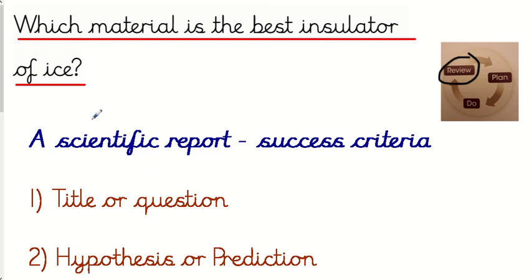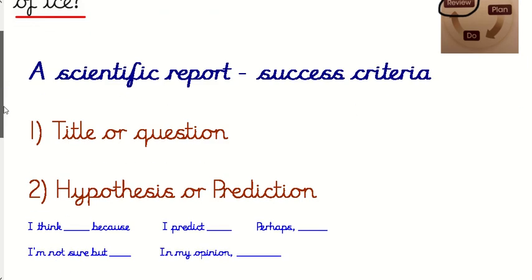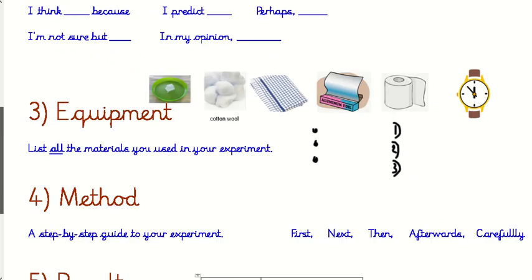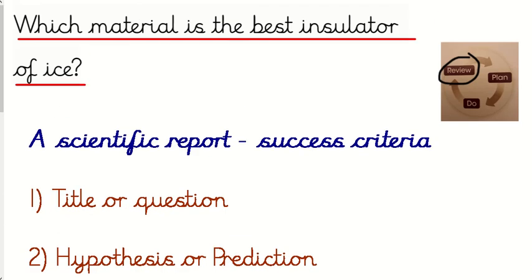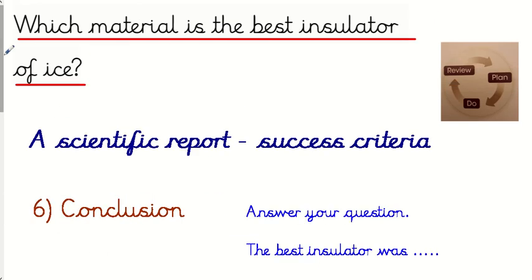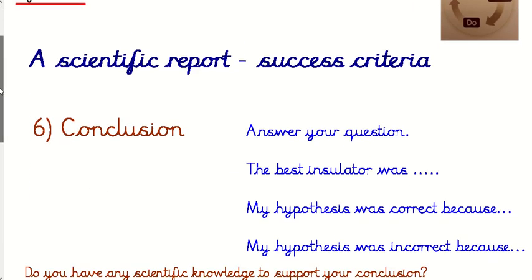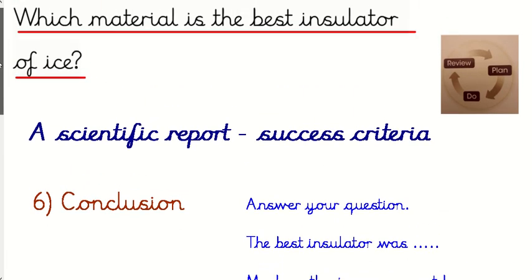Welcome back, everybody. I'm assuming that you've completed the first 5 steps of your scientific report. Now, the next bit to think about, number 6, is the conclusion. Now, at this point, you want to answer your question.